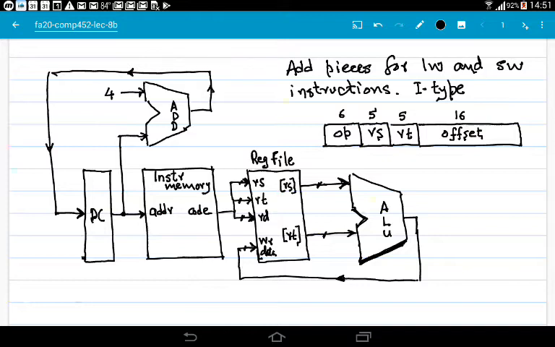I'm actually talking about load word and store word only. I'm not talking about the branch instruction. I'm not talking about add I or sub I or and I or or I or nor I or SLTI. No, I'm not talking about those instructions.